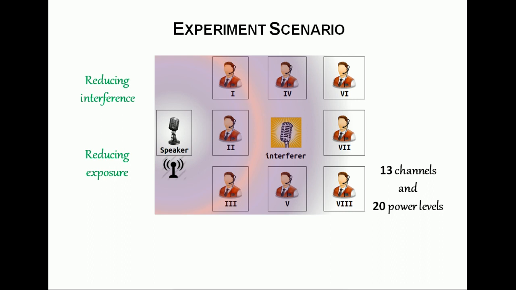So the maximum possible parameter combination will be 13 multiplied by 20, which gives you 260 parameter settings. And the output you will get if you conduct all these experiments will look like the following.